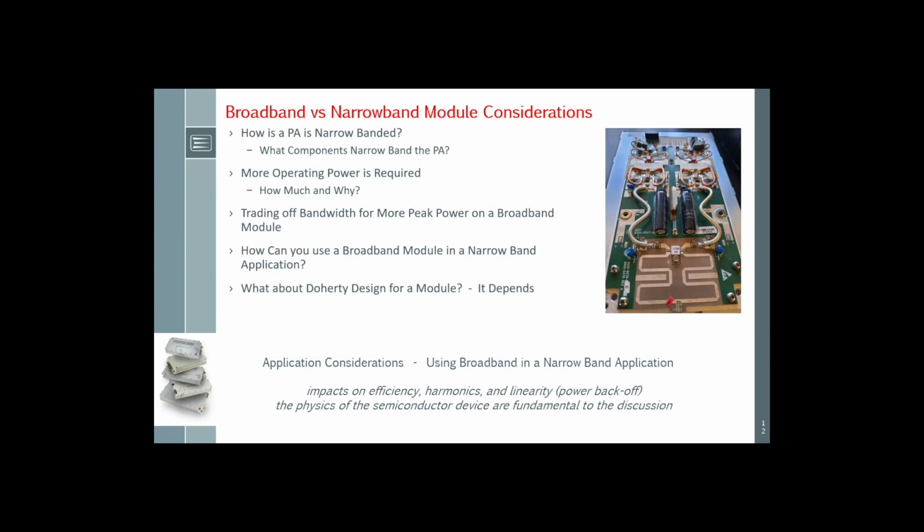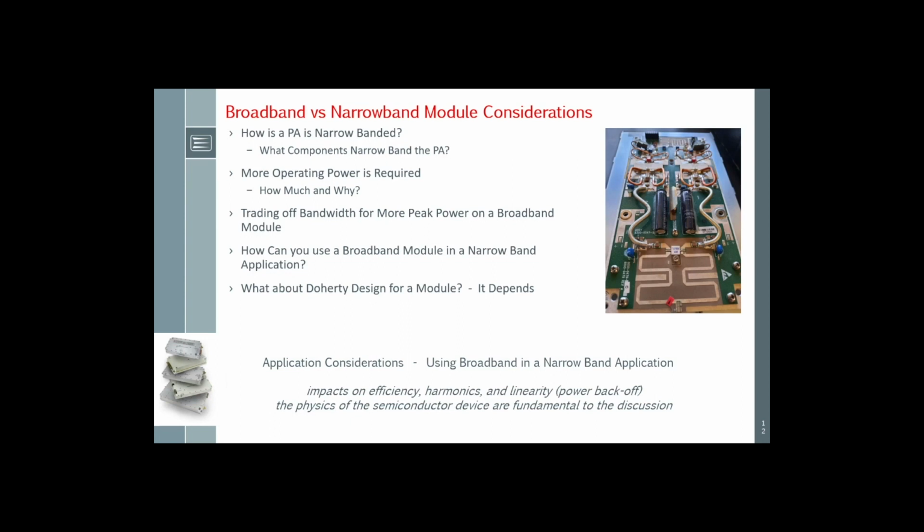So it's very difficult to be very clear what that means. In general, narrowband will be an amplifier that is applied to a short band, a small band, and broadband covers an octave or more.